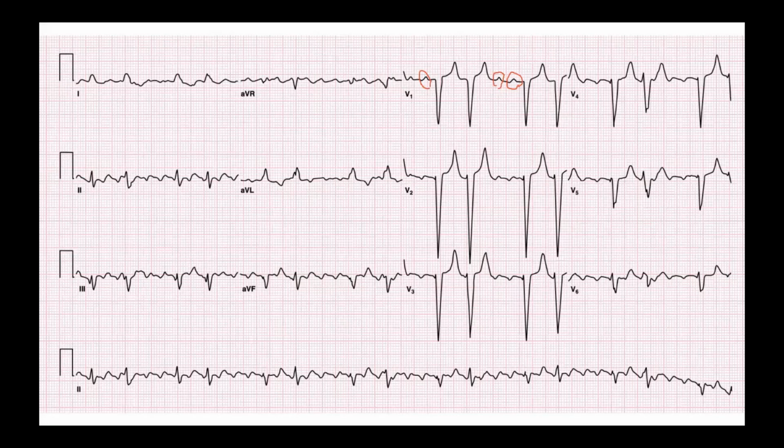The P wave morphology and axis being positive في V1. Not sinus. Okay.